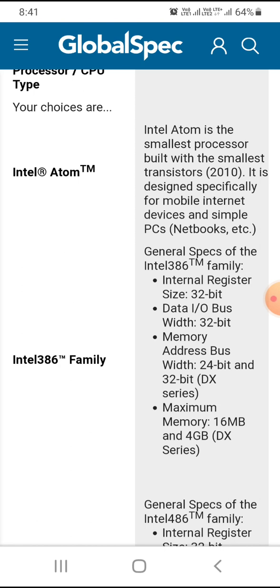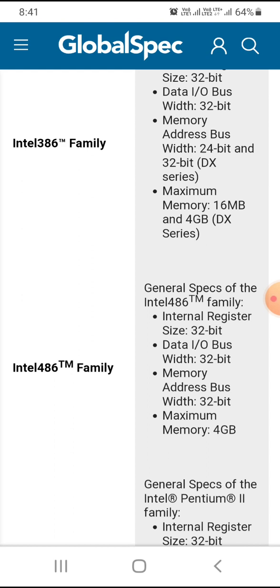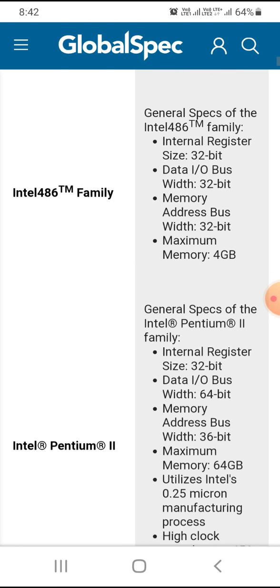Intel 386 family. Then you have the Intel 486 family. General specs of the Intel 486 family: internal register size 32-bit, data input output bus 32-bit, memory address bus 32-bit, maximum memory 4 GB.